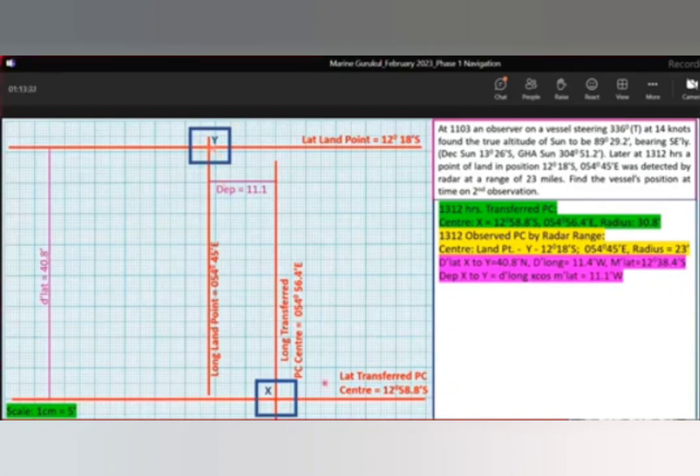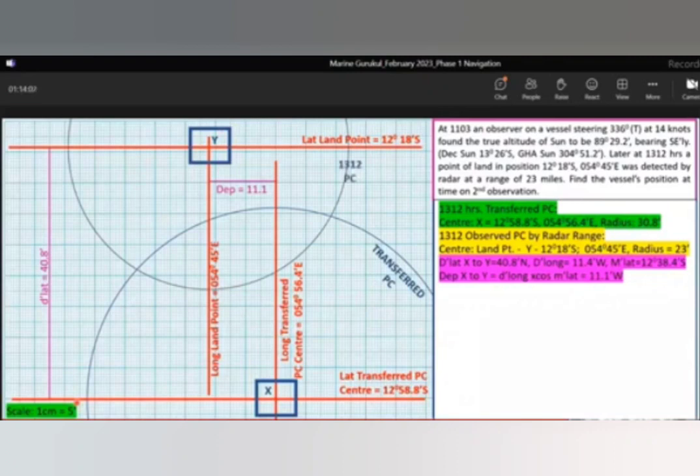So we have plotted points X and Y. Now with point X as center and radius of 30.8 miles, using the scale of 1 centimeter equal to 5 miles, we draw the transferred position circle. Likewise, with Y as center and radius of 23 miles, using the same scale, we draw the 1312 observed position circle.